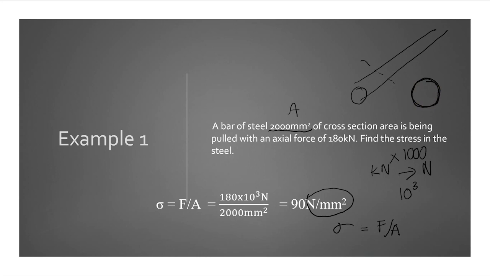Okay, that circle, the area is 2000 mm square. So you just divide, and you will get the stress from the force that you pull out the steel bar. So the stress in it is 90 Newton over mm square. Simple. Alright. So this is example 1.